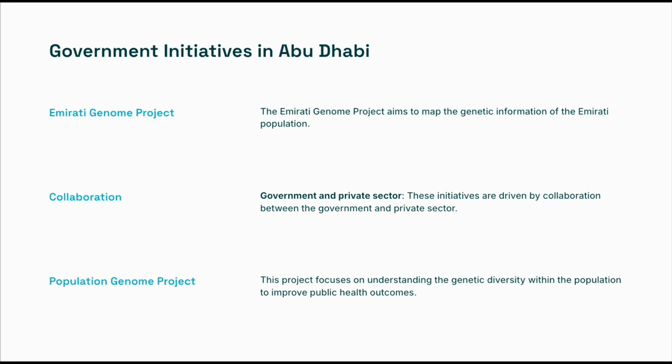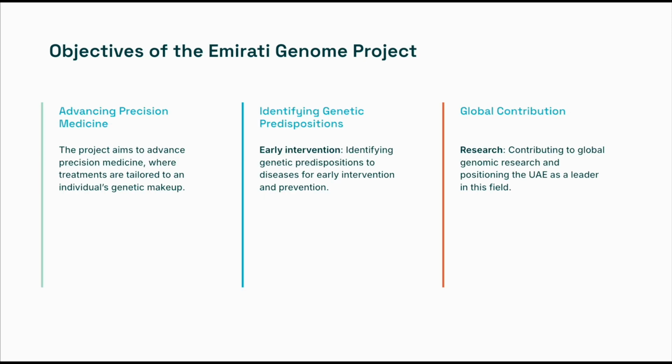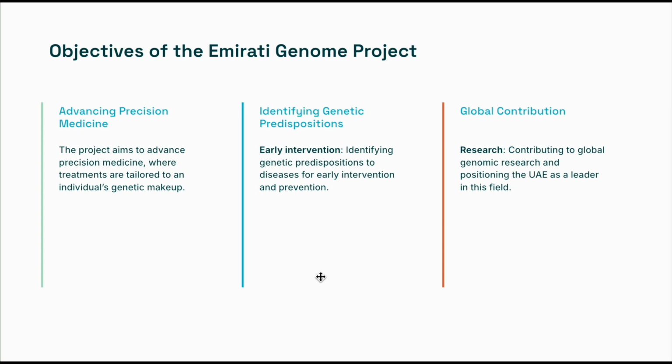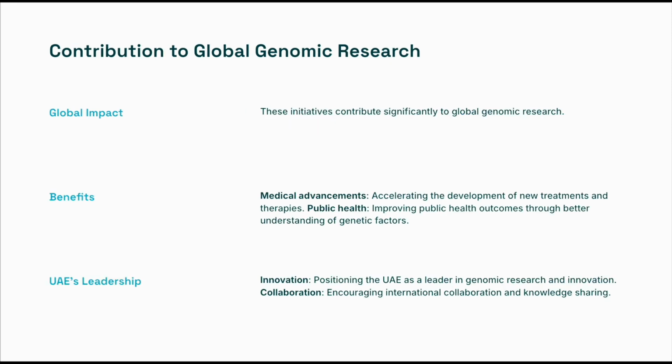The objectives are ambitious: to advance precision medicine, where treatments are tailored to an individual's genetic makeup, to identify genetic predispositions to diseases for early intervention, and to contribute to global genomic research. The scope of these projects is immense, considering the human genome contains approximately 3.2 billion base pairs in a single haploid set of chromosomes. Despite this complexity, the Human Genome Project, completed in 2003, laid the foundation for understanding the genome.